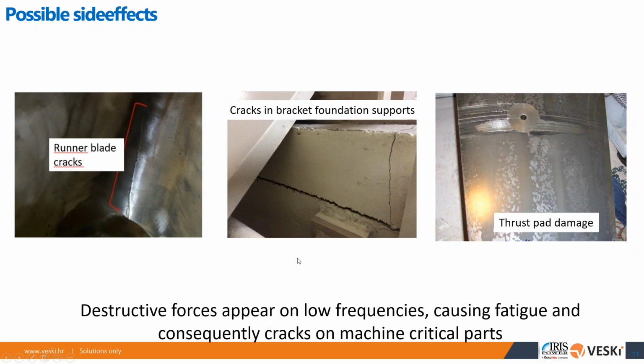So basically, destructive forces appear on low frequencies, and then they're causing fatigue and consequently cracks on machine parts. And low frequency vibrations are, in my opinion, most destructive because these are very large forces and the machines are very heavy and everything wobbles on low frequency. So it takes a lot of energy to move that machine, right? And that energy comes from somewhere, right?